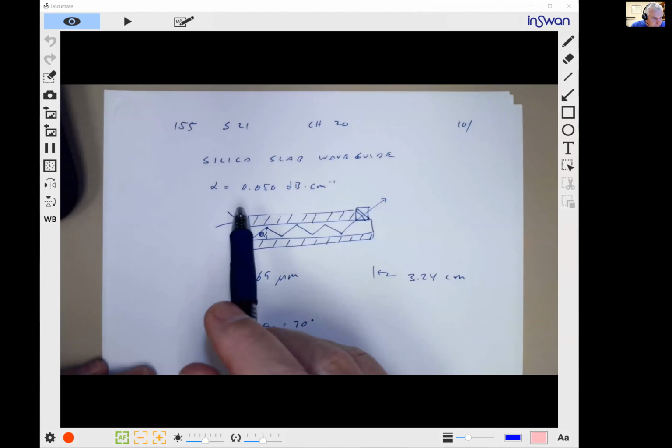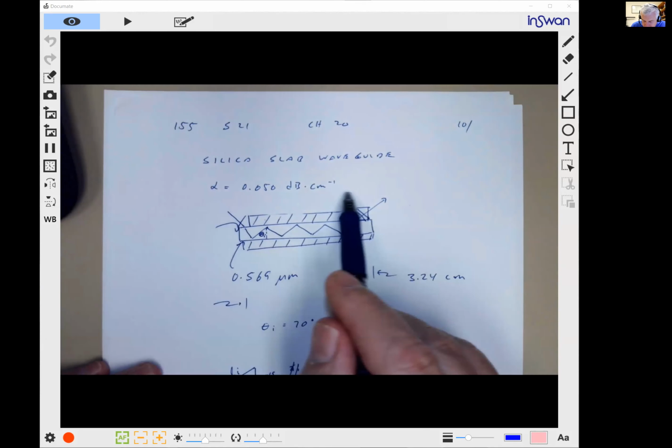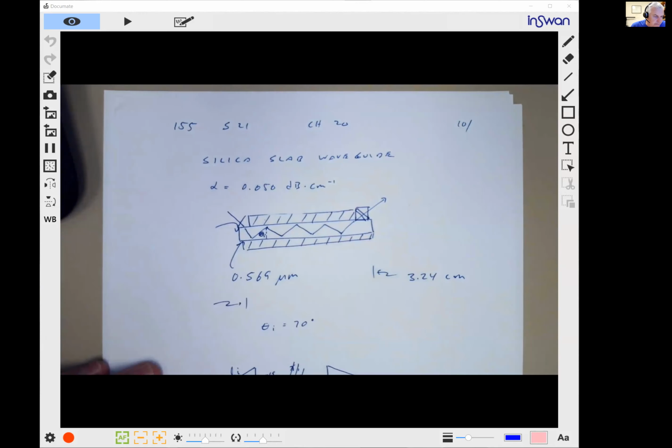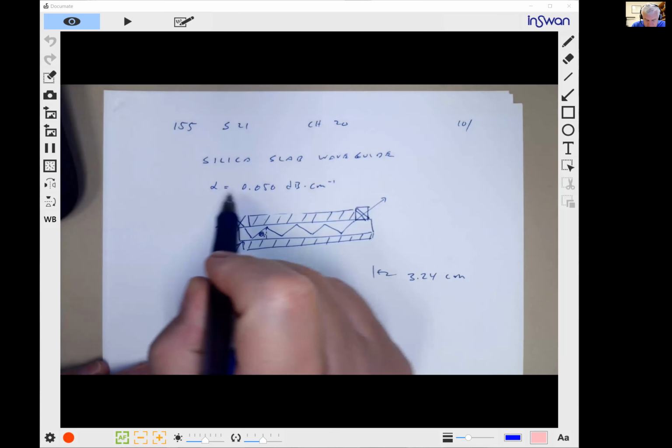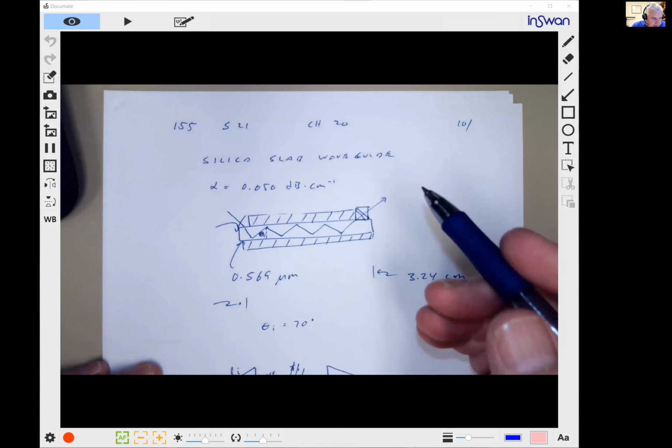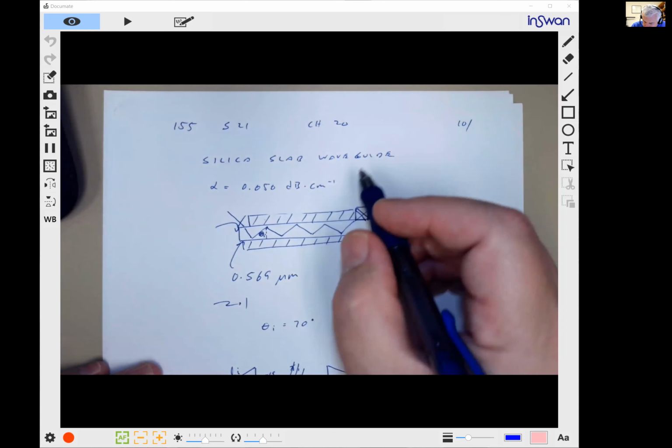Basically, they tell you the loss coefficient, and you can plug this into an exponential and calculate the P out over the P in, right?